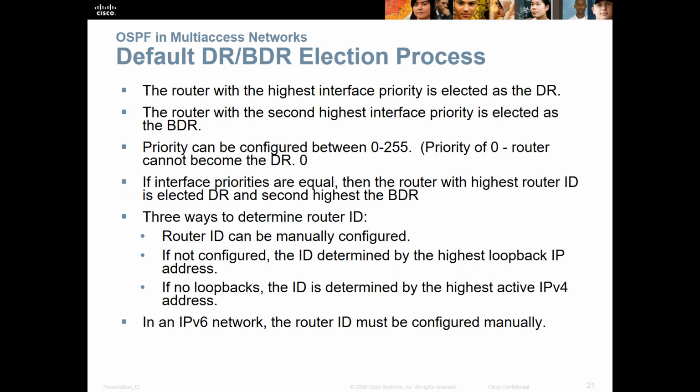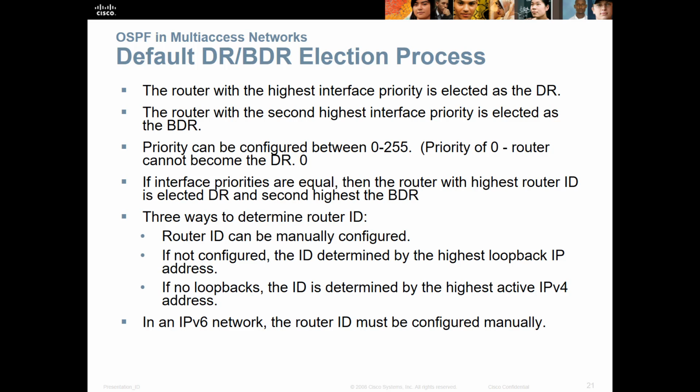In the default DR/BDR election process, the router with the highest interface priority is elected the designated router. The router with the second highest is going to be the backup one. You can configure them between 0 and 255. The router cannot become the designated router if its priority is 0.